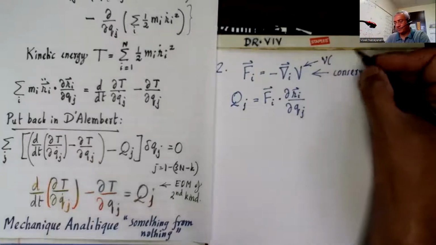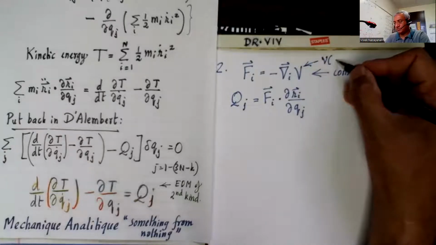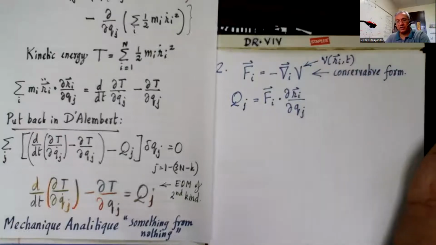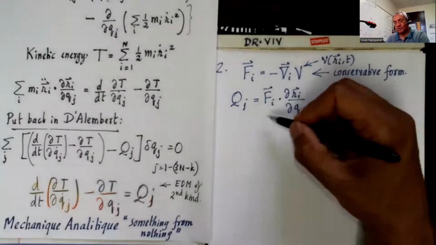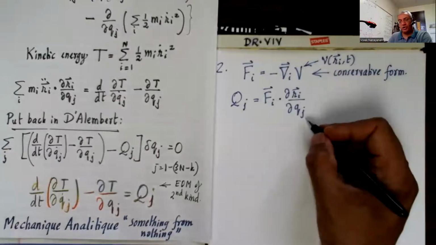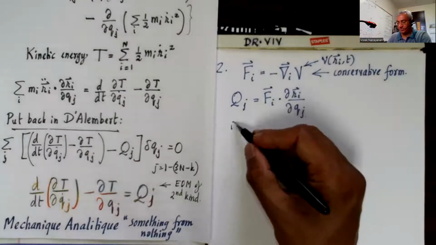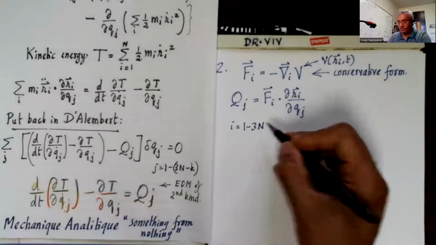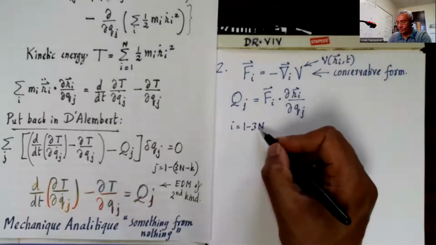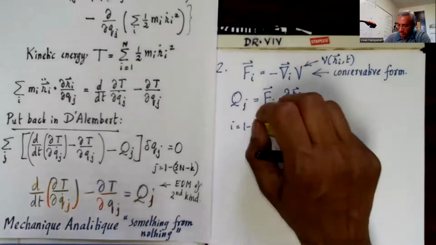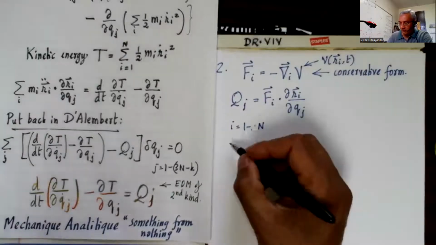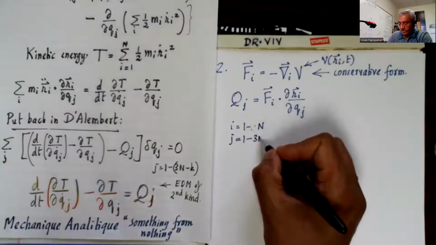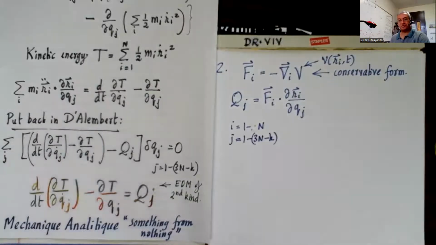So V can be a function of all of the Ri's and time, possibly. So it can depend on all of the particles' positions. So I goes from 1 to n, and j goes from 1 to 3n minus k, where k is the number of constraints.